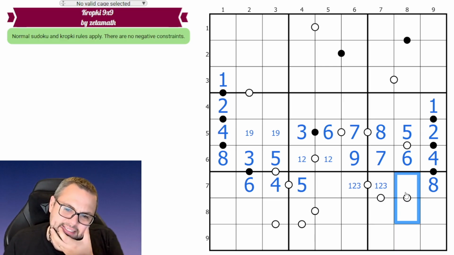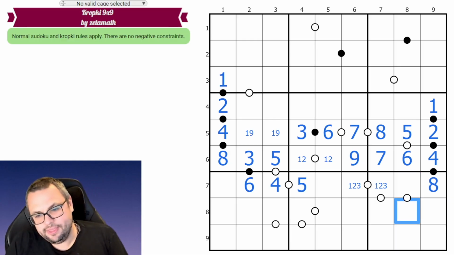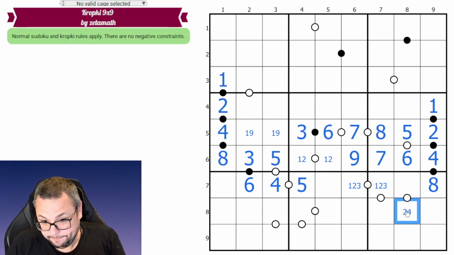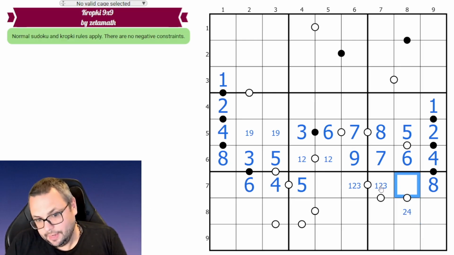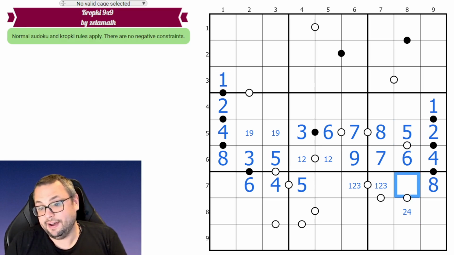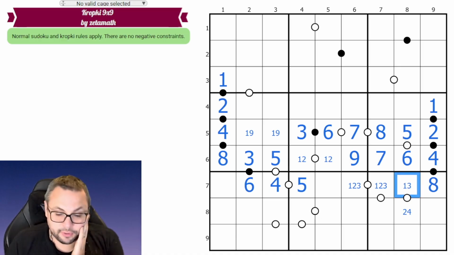This dot needs an even digit, and the even digit isn't here because this sees 2, 4, 6, and 8 in the row. So this is the even digit. It can only be 2 or 4. And that's interesting because now what is 2 or 4 consecutive with? 1, 3, 5, but it's not a 5. So this is only a 1 or a 3.